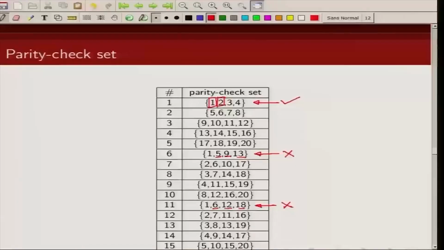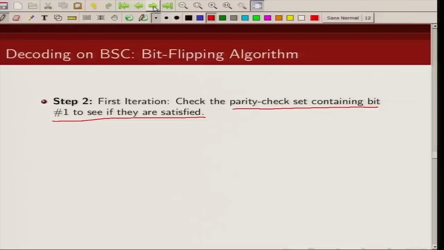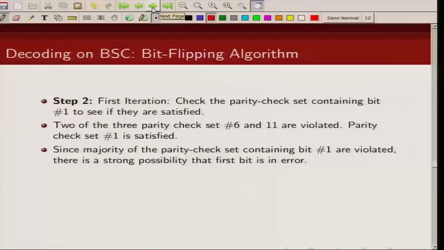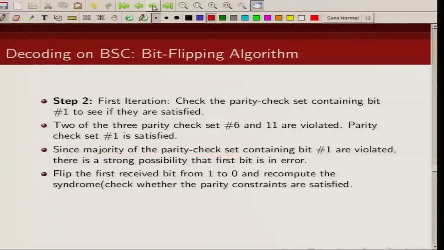Now what does that tell us? It tells us, since the majority of them are not satisfied, it is likely that bit 1 was in error. So we are going to flip it and try to do the same thing again. Since 2 of the parity check sets are violated, it's likely that bit 1 is in error because the majority of the parity check sets containing 1 are not satisfied.